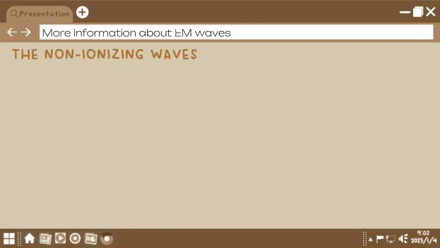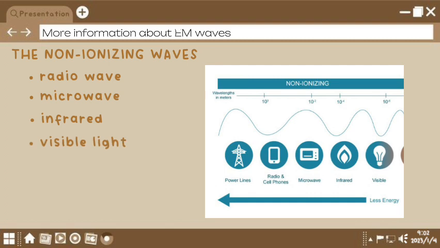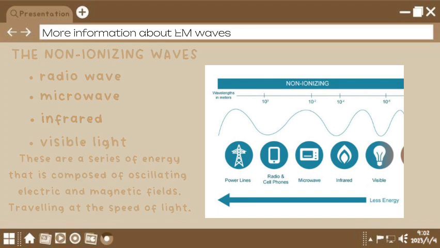And the non-ionizing waves, which include the electromagnetic spectrum radio wave, microwave, infrared, and visible light, are a series of energy waves composed of oscillating electric and magnetic fields, traveling at the speed of light.